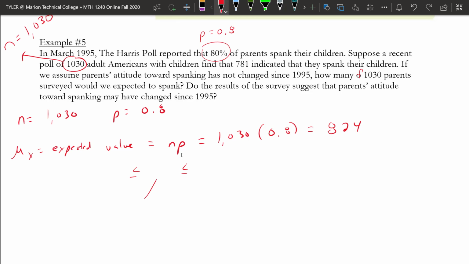So inside of here would be the number of parents that spank their children, so x. So we would expect to have a number in between the mean minus 2 standard deviations and the mean plus 2 standard deviations.